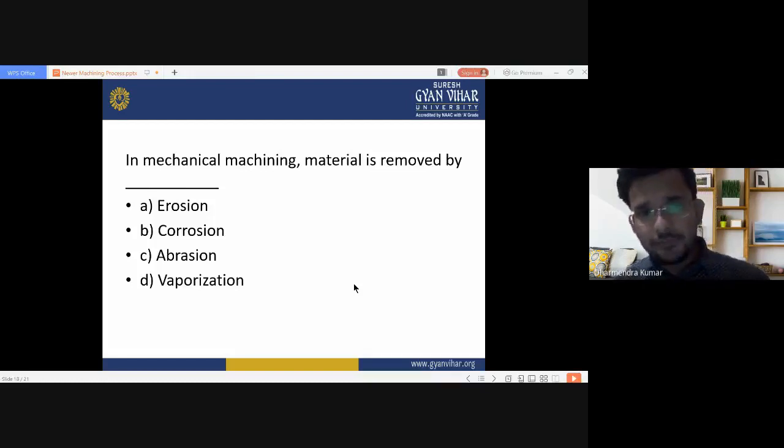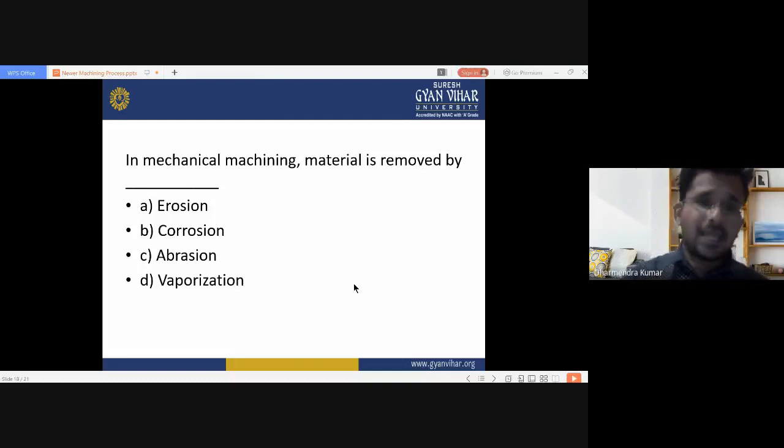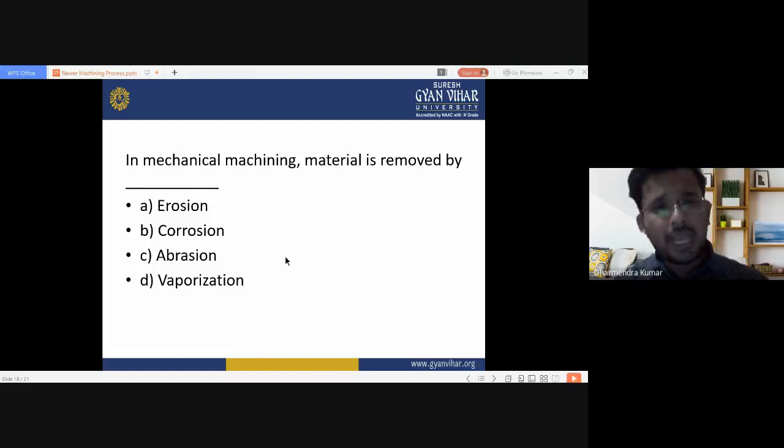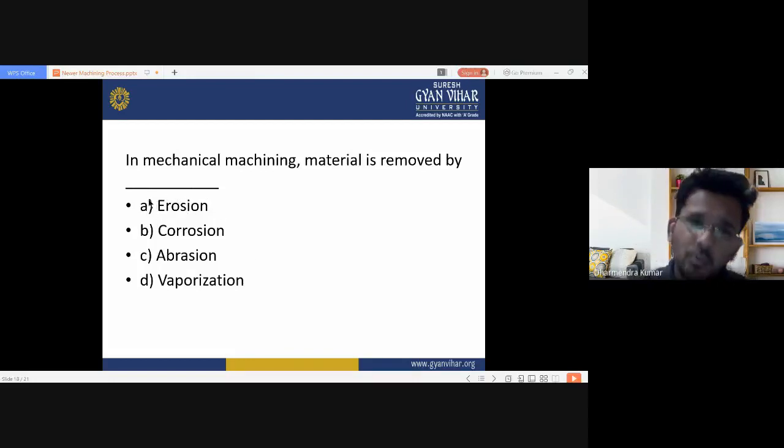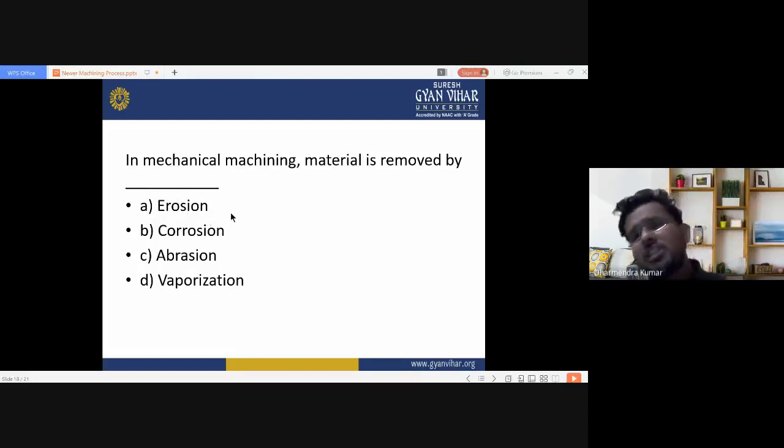We can see that in abrasive jet machining or water jet machining, erosion takes place for material removal. Erosion is the activity that takes place in the type of non-traditional machining which uses only mechanical energy for the material removal action.